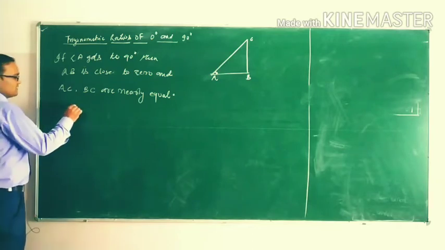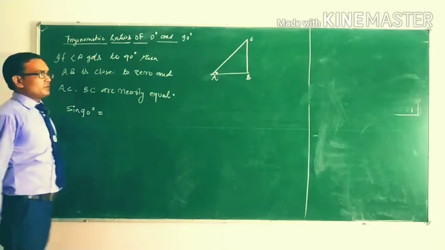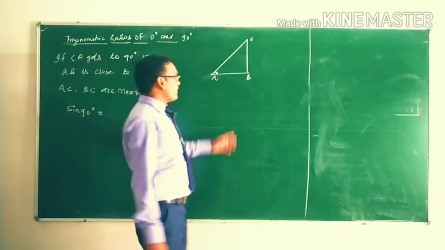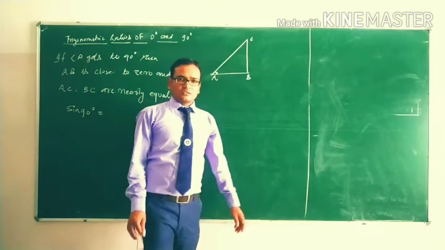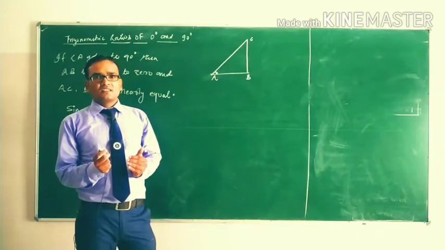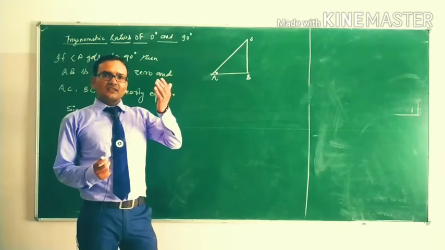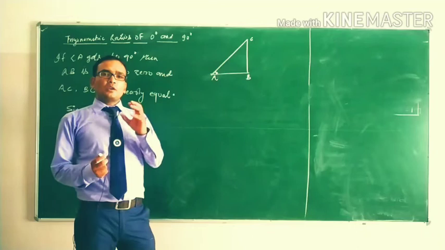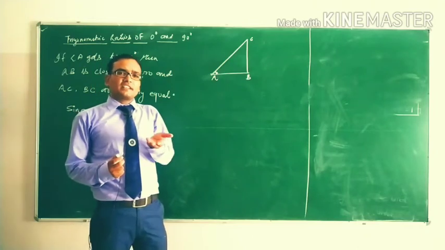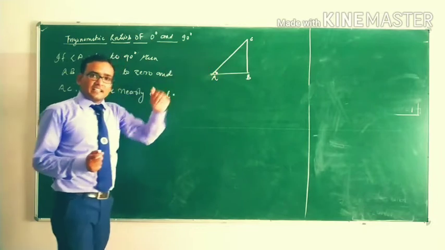Then sin 90 degrees is equal to, what is the value of sin 90? For angle A, suppose that angle A is 90 degrees, then what is the value of sin 90?